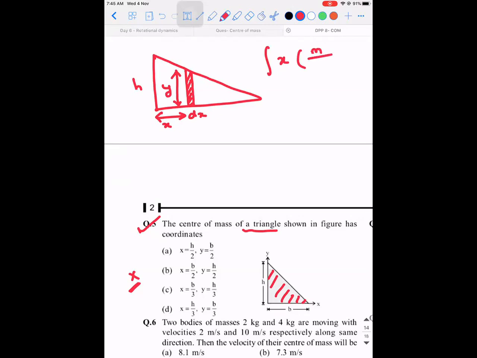What is area? Half into b into h. Half into m into b into h into dx, the whole divided by total mass. So m and m will get cancelled. 2 divided by bh into the integral of x dx. But actually, it will not be x dx, rather it will be x into y into dx.